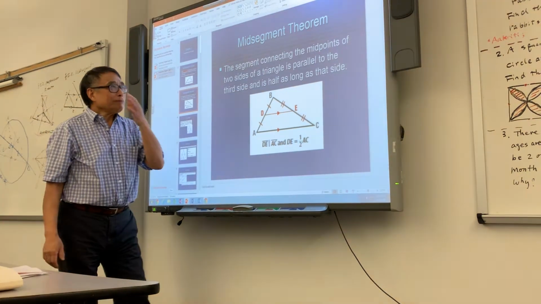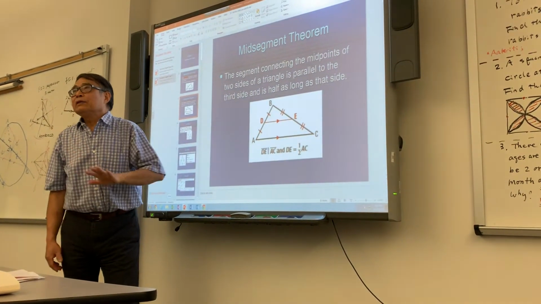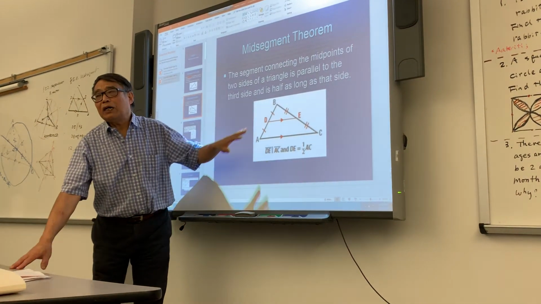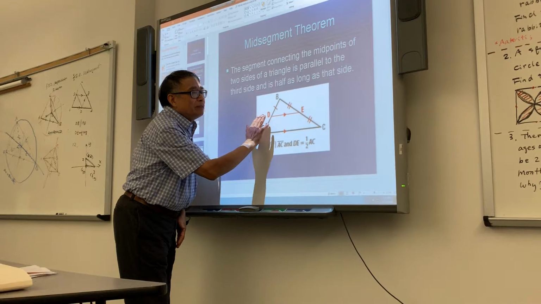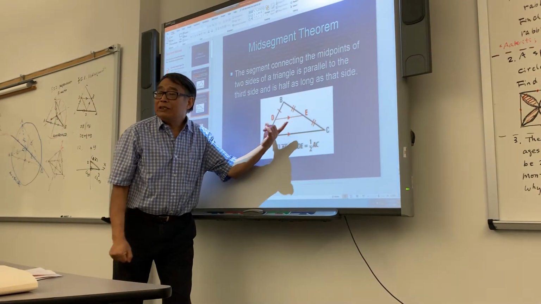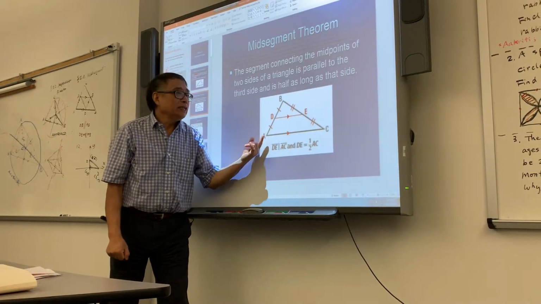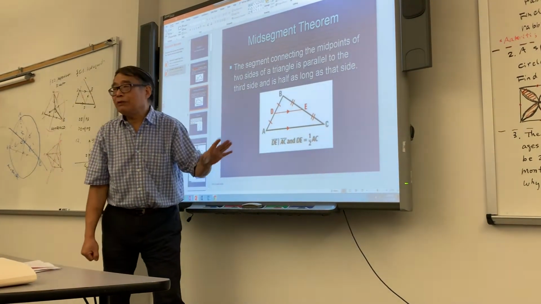This is the first theorem for today and for chapter 5. Many questions we use this one to solve. Triangle ABC has one midsegment, DE. DE is a midsegment, is half of AC and parallel to BC.